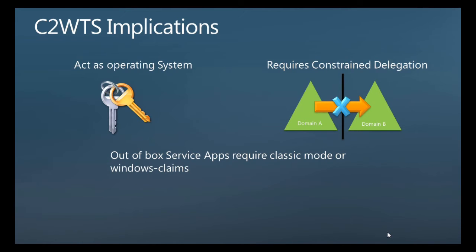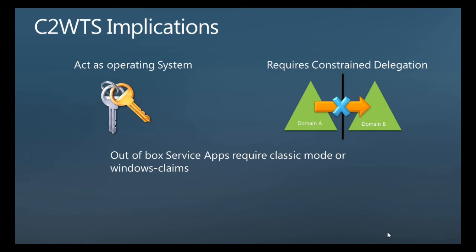So what does this mean? Well, since we're using the claims to Windows token service, we have to think about a couple things. First, we have to think about the security of the environment. The claims to Windows token service, to do the S4U logon, requires Act as part of the operating system privileges. Now this is the very highest, most privileged right you can give to a service on a box.